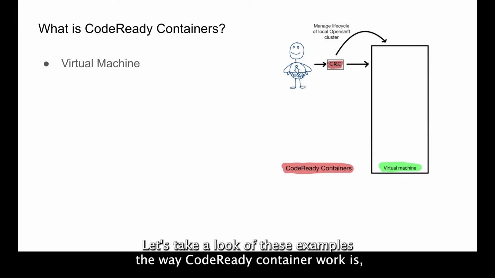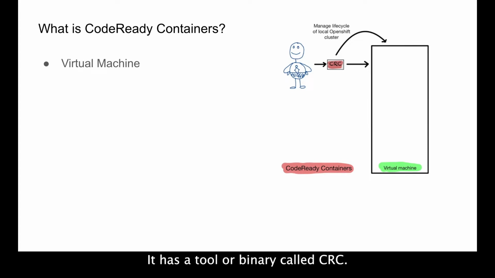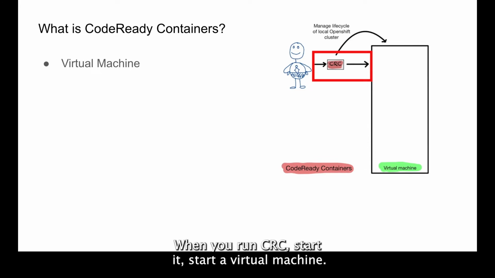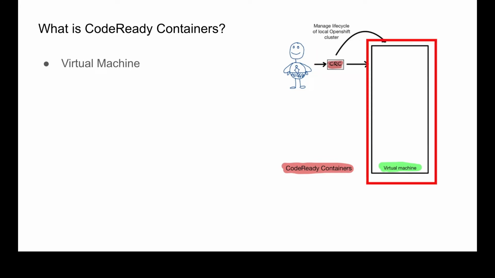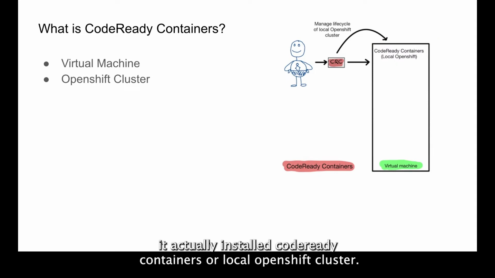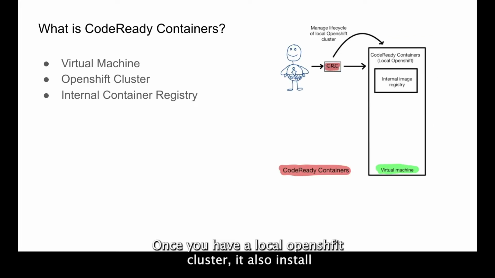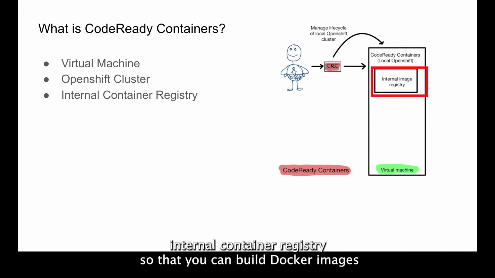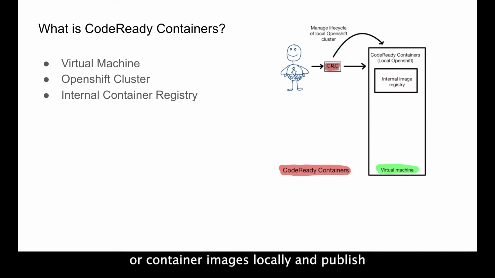Let's take a look at these examples. The way CodeReady Container works is it has a tool or binary called CRC. When you run crc start, it starts a virtual machine, and on top of that virtual machine, it installs CodeReady Containers, the local OpenShift cluster. Once you have the local OpenShift cluster, it also installs an internal container registry so that you can build Docker images or container images locally and publish them into the internal container registry.